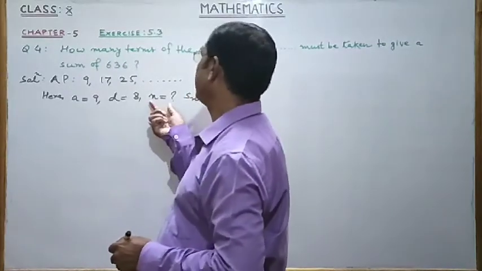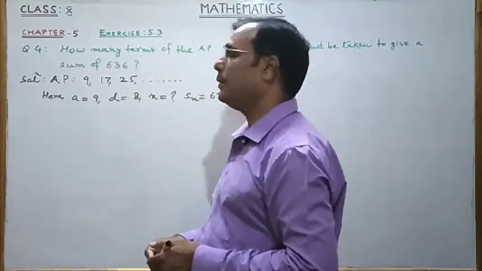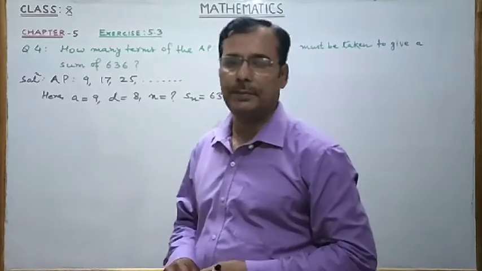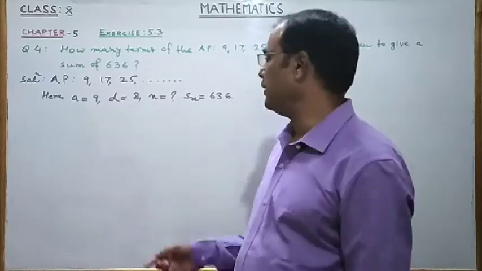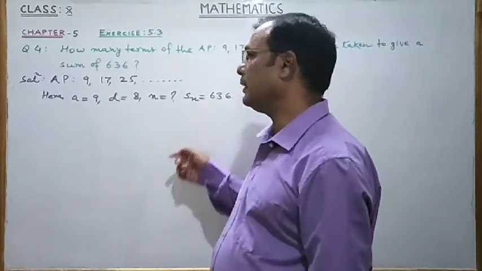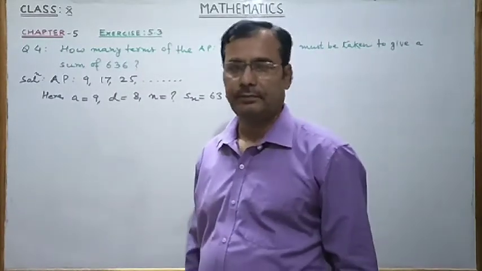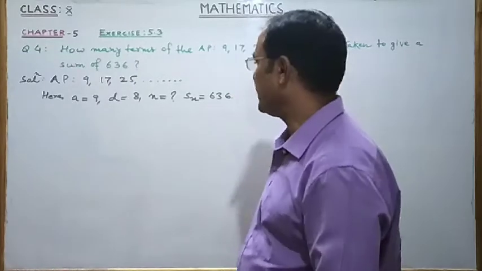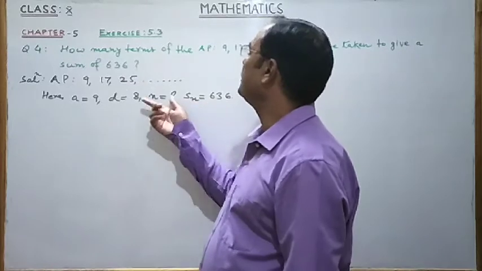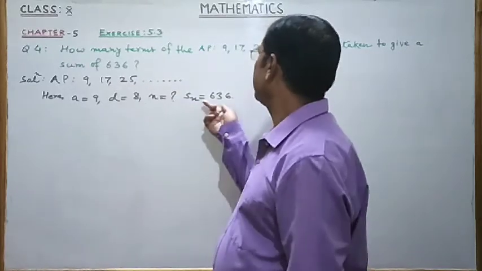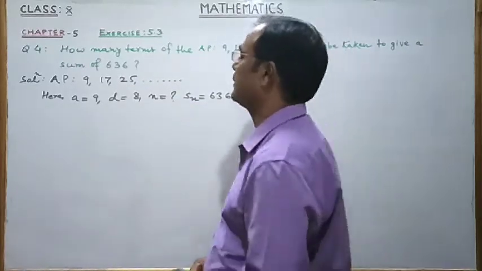We have to find this value of n, the number of terms of the AP for which the sum of the terms is 636. So let us assume that the sum of first n terms of this AP be 636.